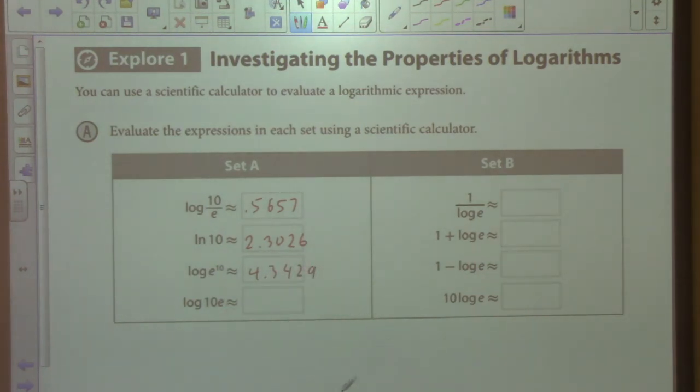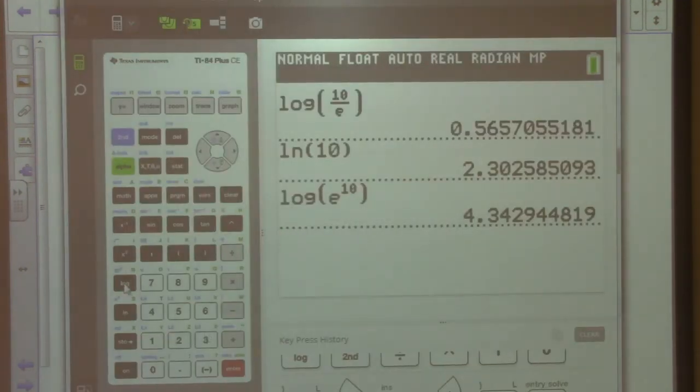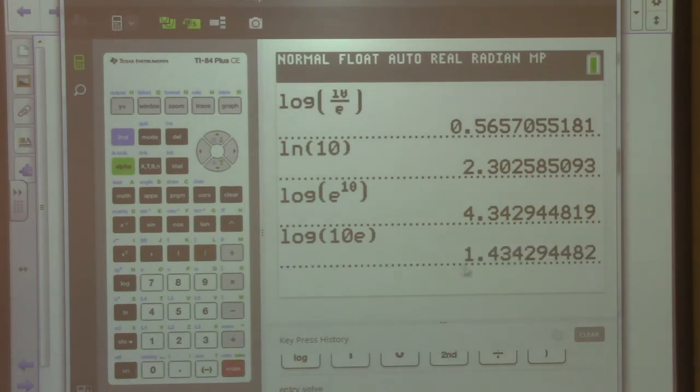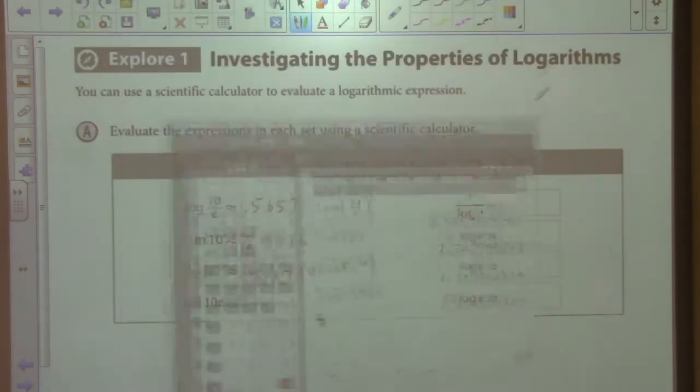And the last one here is log of 10e. So log of 10e, we get 1.4343.